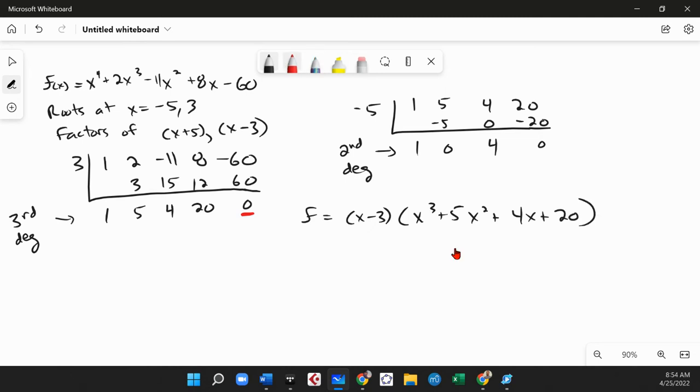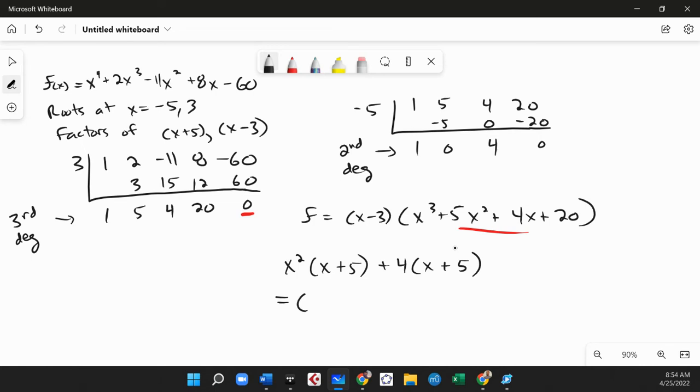And if we want to factor that part of it further, which we do, we can actually use factoring by grouping. So hopefully you remember that. We factor an x squared out of the first two terms, and we factor a 4 out of the second two terms. I'm sorry, that should be a 5. So this is one way we have to factor a third degree polynomial just by hand without doing the synthetic stuff.